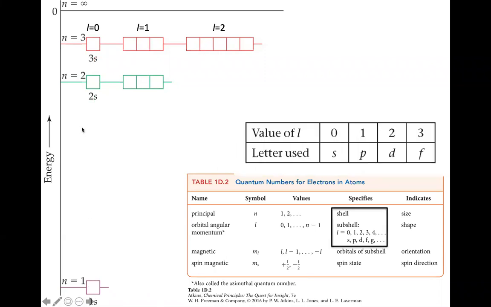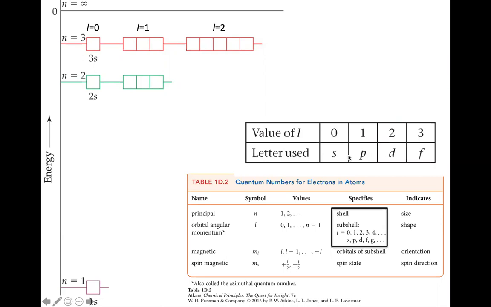Those particular L values are given names. If you've heard of something called a 1s orbital, a 3s orbital, a 2p orbital, those designations correspond to what these L values were. L equals 0 is called an s. L equals 1 is a p, then d, and f.